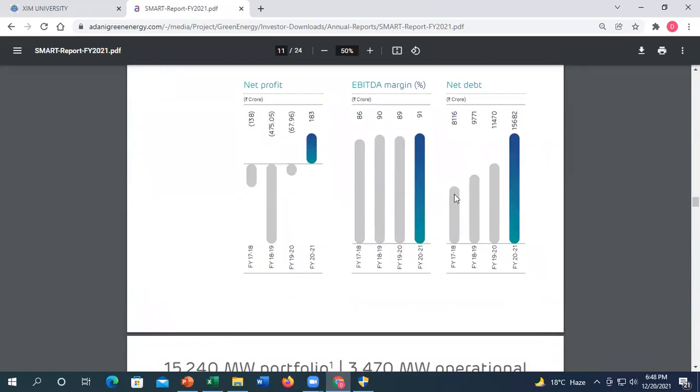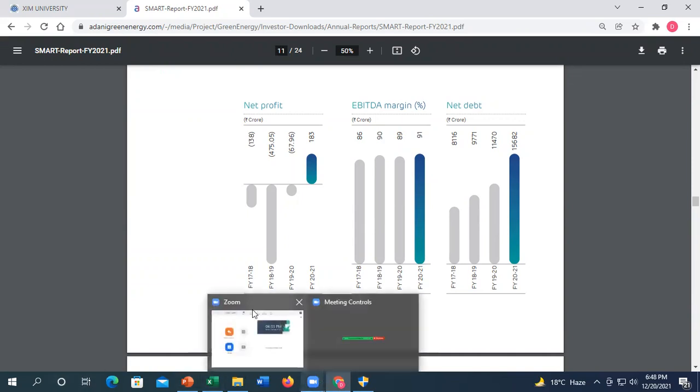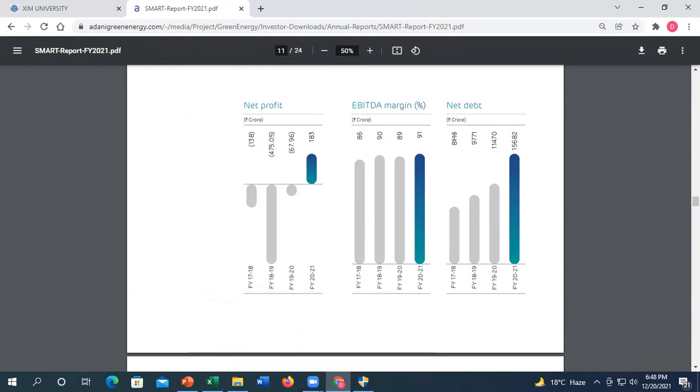And what is important, maybe a matter of concern, is that the company is highly leveraged and the debt amount has gone up from 8,000 crore to 15,000 crores over this period. But no information about the free cash flows. They gave information on EBITDA, net debt, and net profit, but no information about the free cash flows.